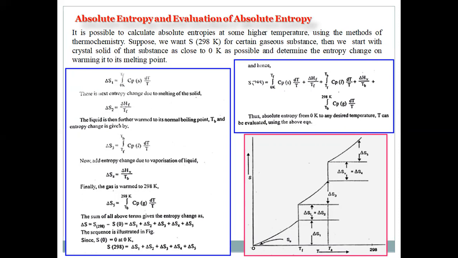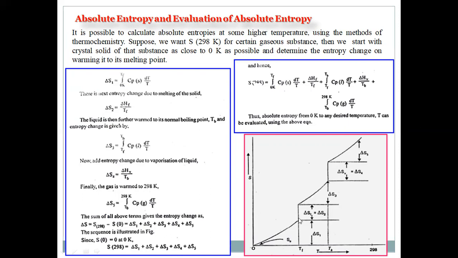Then if we again increase the temperature, the liquid will boil at a certain temperature, and after that it will be vaporized, that means it will convert into the vapor state. We can understand this through this graph, starting from 0 Kelvin.